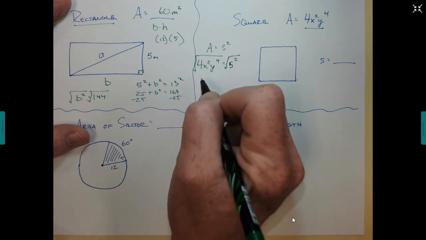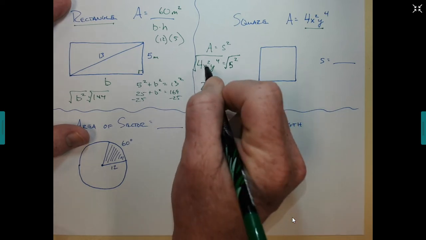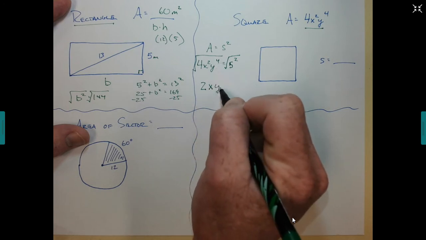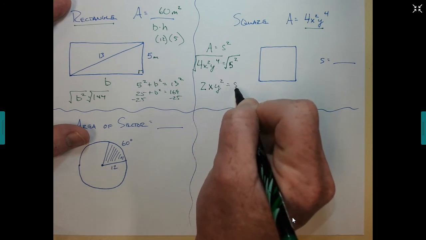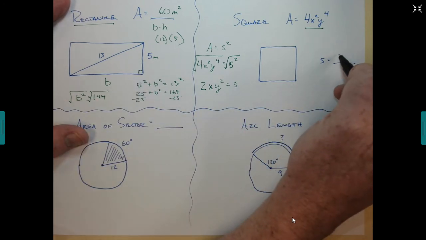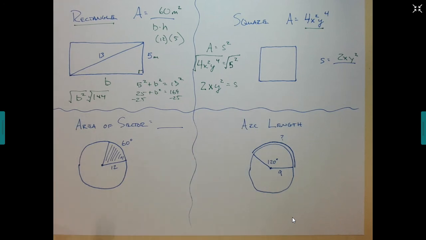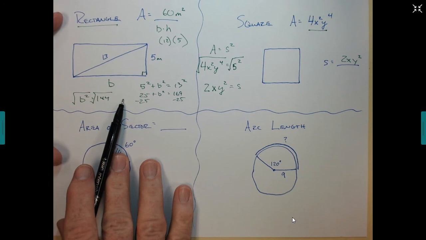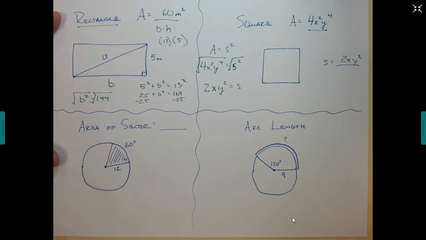The square root of 4 is 2. The square root of x squared is x, and the square root of y to the fourth is y squared. So this is going to challenge your algebraic skills, or we're going to use some of your skills to derive missing information.